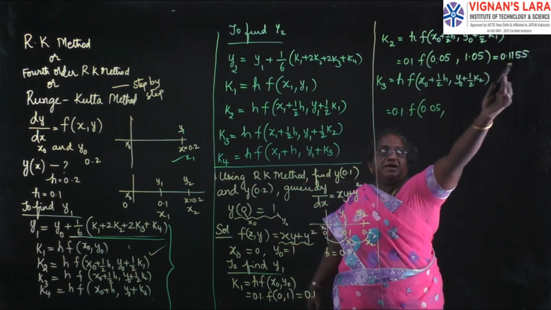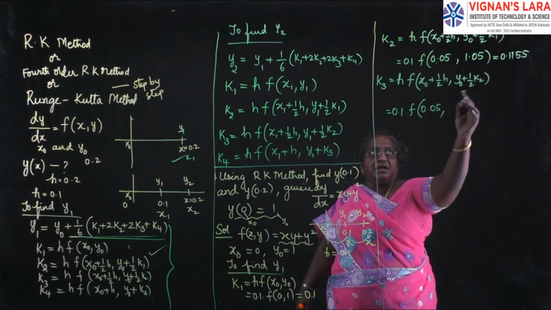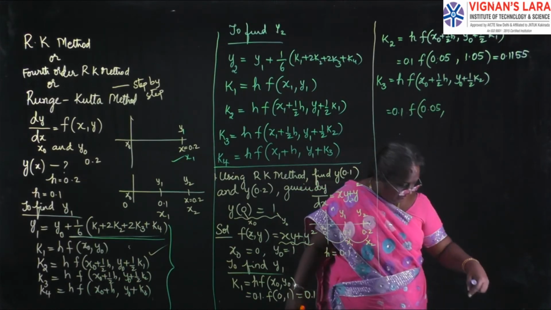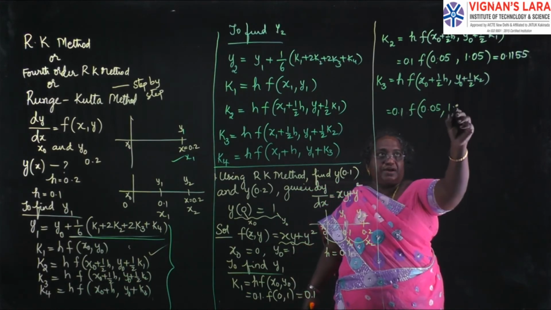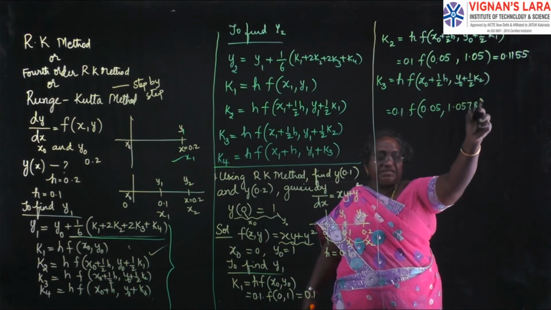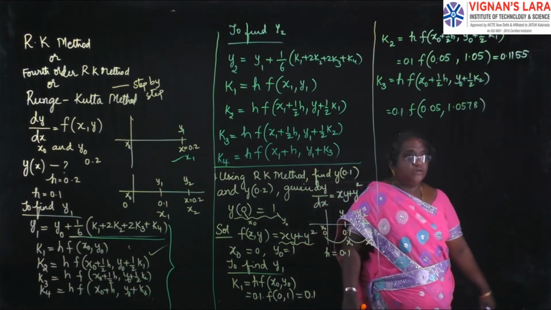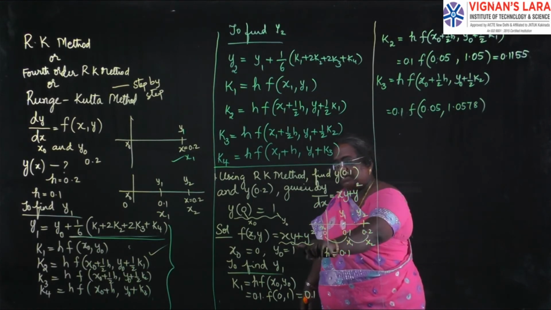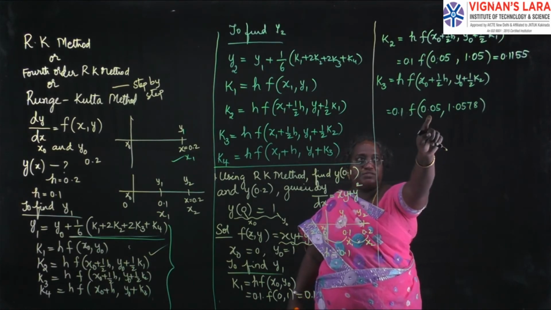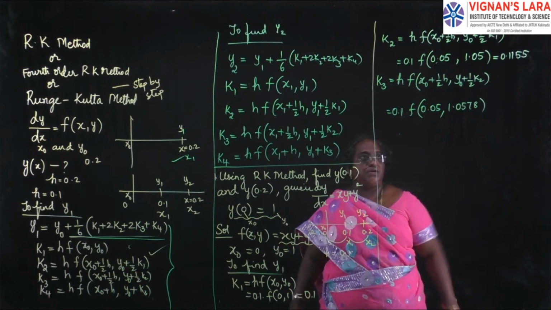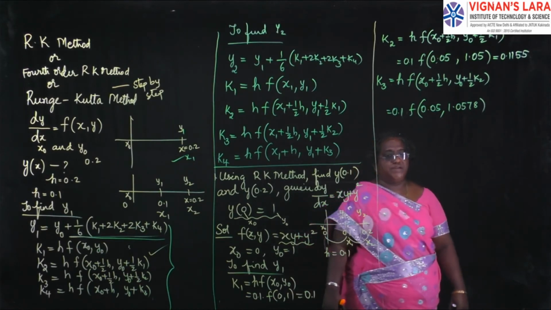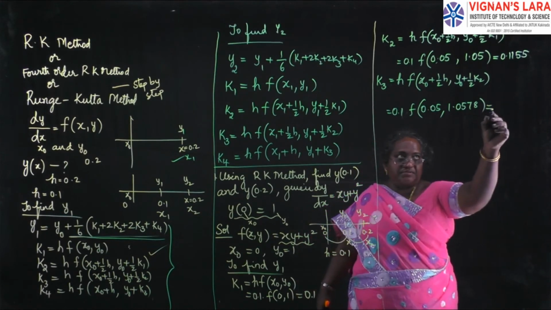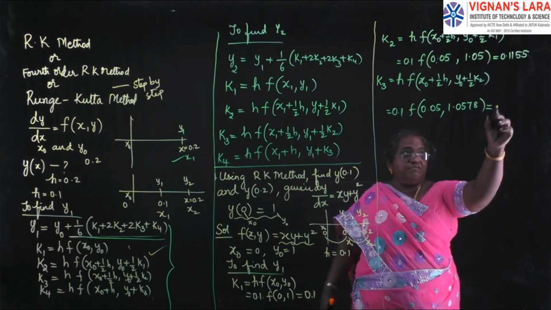K2 value, divide that with 2 and add it to y naught. So it will be 1.0578. Again, if you substitute these values in the given function, instead of x put 0.05, instead of y you put 1.0578. So if you evaluate, that value will be 0.1172.